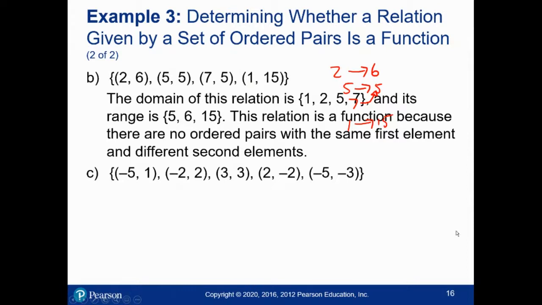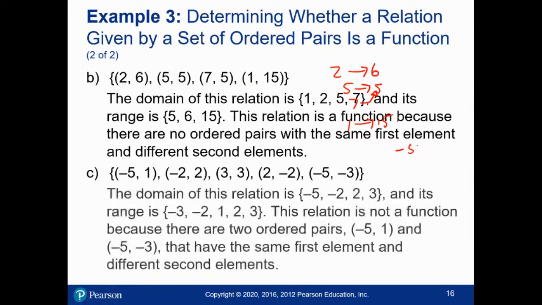How about this one over here? -5 gets sent to 1. -2 gets sent to 3. 2 gets sent to -2. And -5 also has to get sent to -3. Notice that I have this pair and this one. -5 is being sent to two different places, so it's not a function.